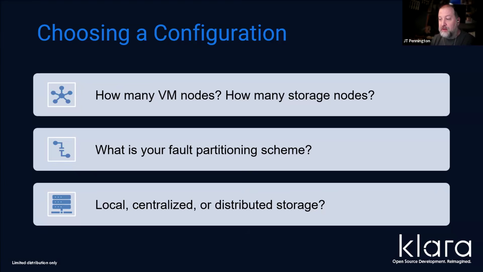Fault partitioning is something that you need to keep in mind for how do we make sure that one error does not cascade into multiple errors that then become a larger and larger problem. And this is something that we have all seen recently with an AWS incident where one small problem, they found it, they fixed it, but then for the next 12 hours, they were chasing continual problems that were a result of the initial failure.